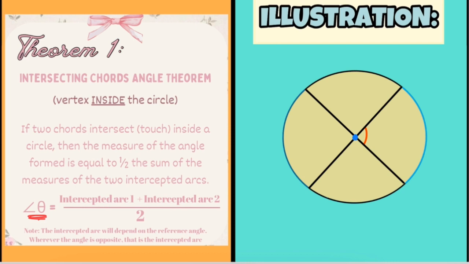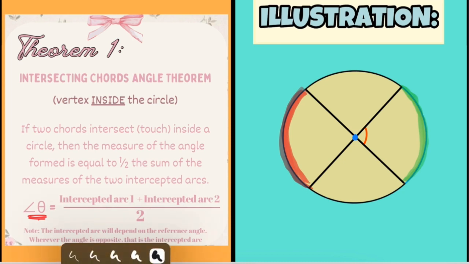So first, its first intercepted arc will automatically be this one right here. This is the first intercepted arc of this angle. Now, what would be the other intercepted arc? Basically, it is the one opposite to it. So it will be the one here. If you find that confusing, let us label our given circle.